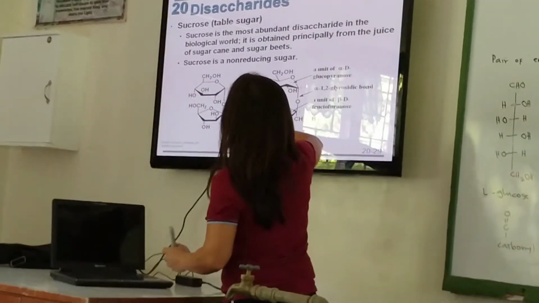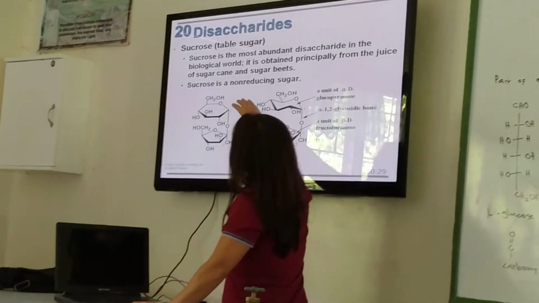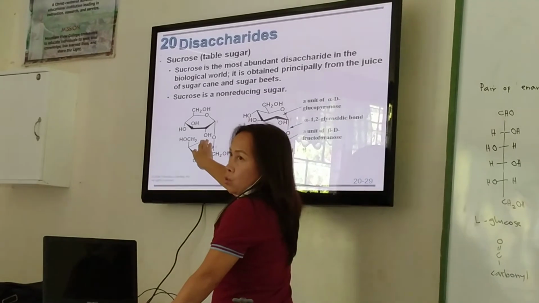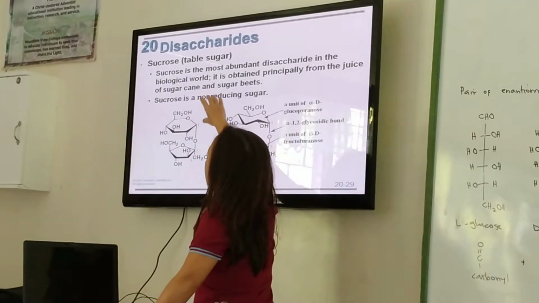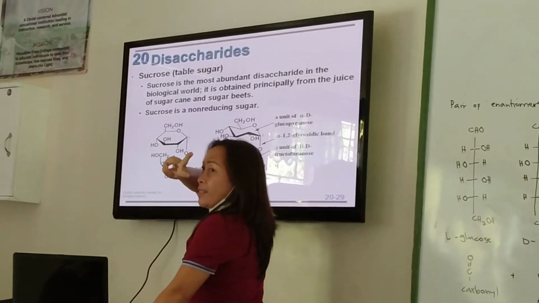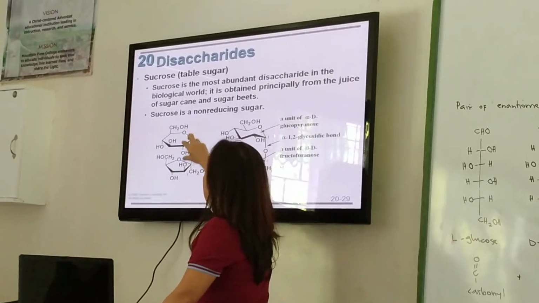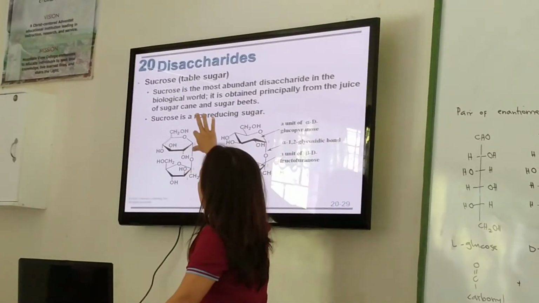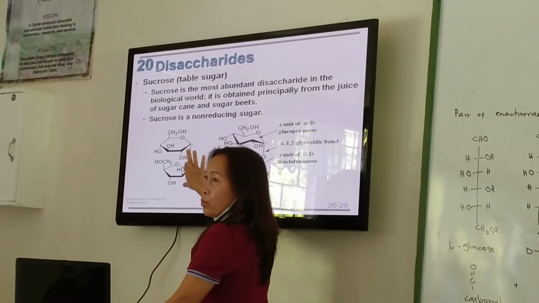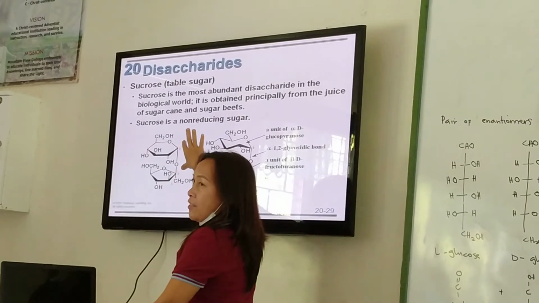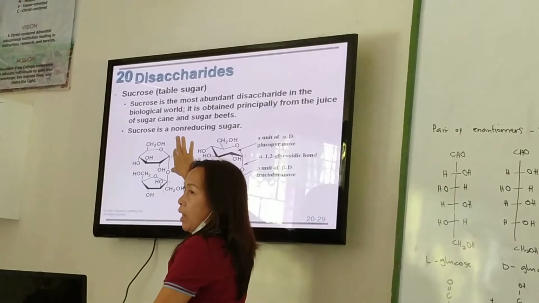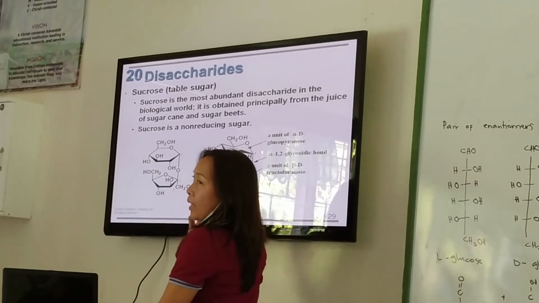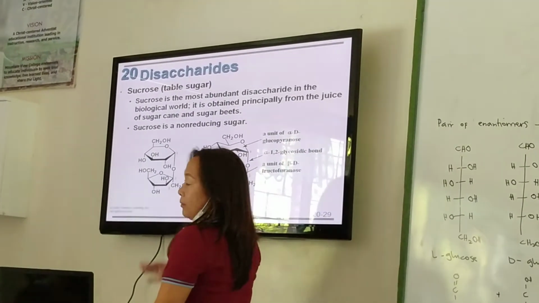Now, we have this structure of sucrose. We have this glucose and we have this fructose, because sucrose is made up of two sugar units bound with glycosidic bond. So you have the anomeric carbon here. This is the glucose, this is the fructose. That constitutes our table sugar, our sucrose. Now, would there be any free hemiacetal?